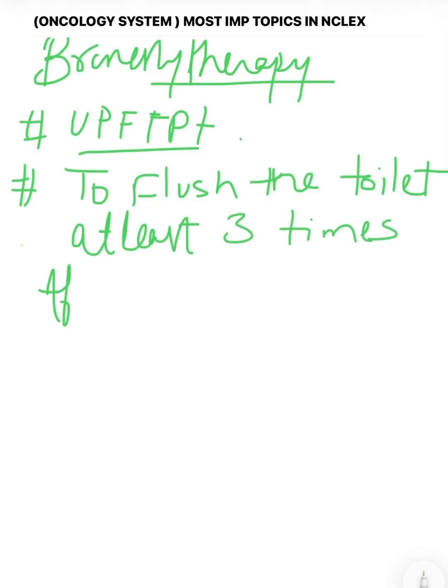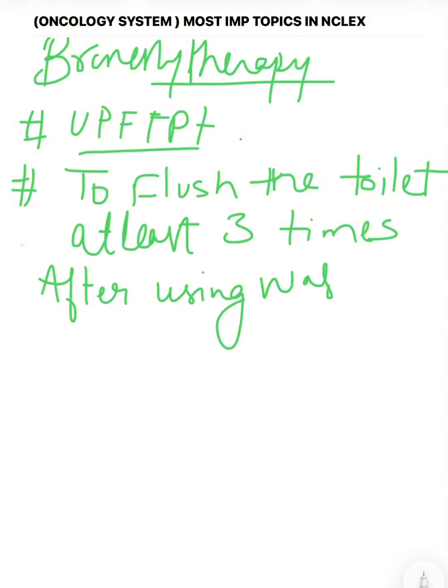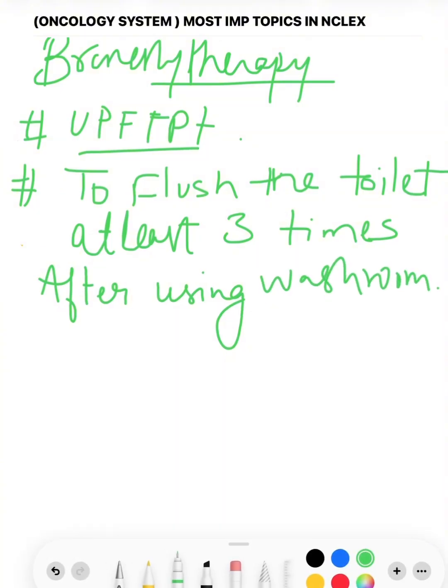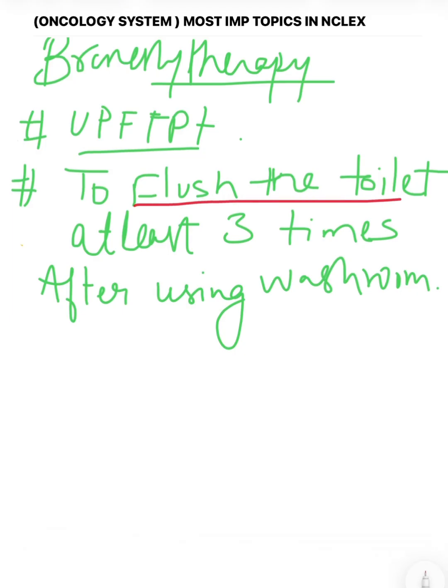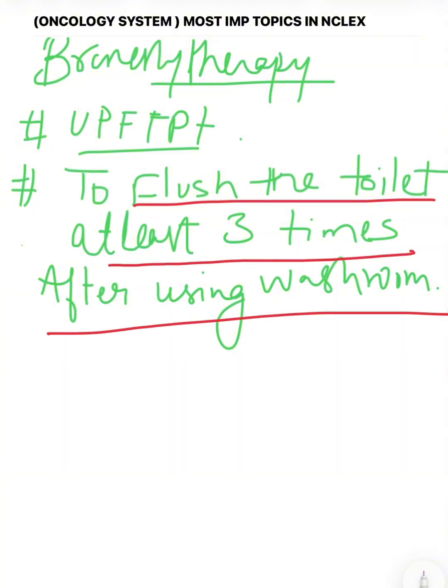Some more points: no care is provided to the patient's lower body in brachytherapy. Always wear gloves and a lead apron while performing direct care, and educate the client to never touch the radiation source.